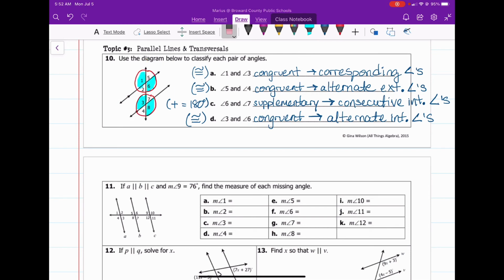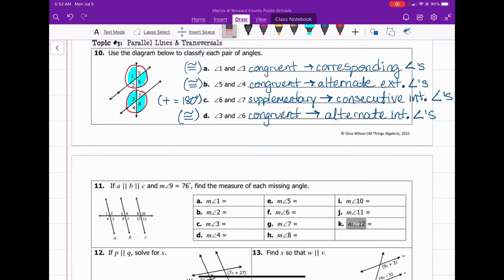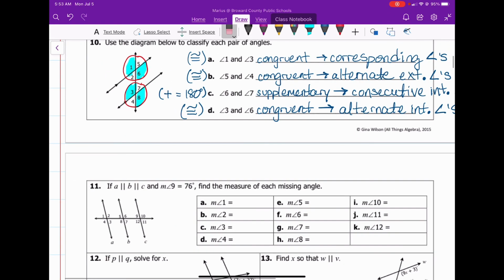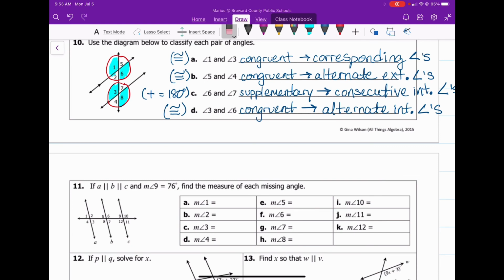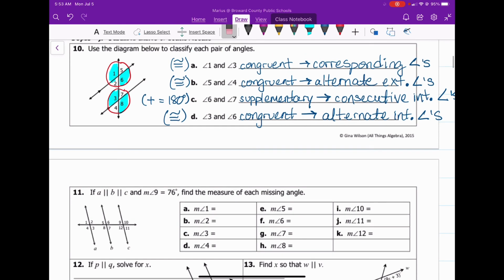All right. So that was a brief little review about parallel lines and transversals. Let's go ahead and move into number 11 and see how we can use that same strategy with the circles to help us answer number 11, okay? So once again, I'm going to do my shading.